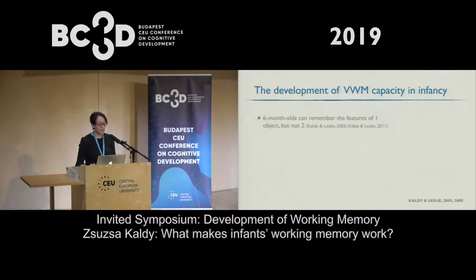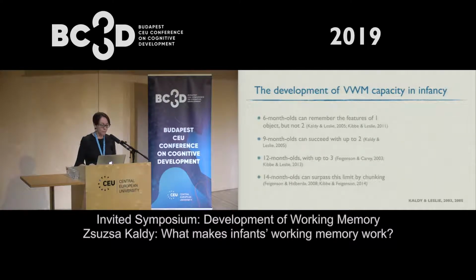What do we know about the development of visual working memory capacity in infants? We've done a lot of work on this way back with Alan Leslie. We found that 6-month-olds can hold on to one object in their memory, but not two. 9-month-olds can do two. And 12-month-olds, in more recent work with Melissa Kibbe and Alan, can hold up to 3 objects, and in a different type of task, Lisa Feigenson found the same limit.